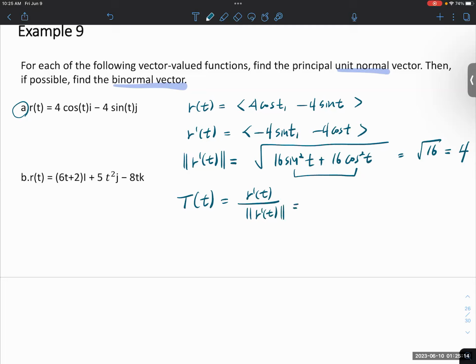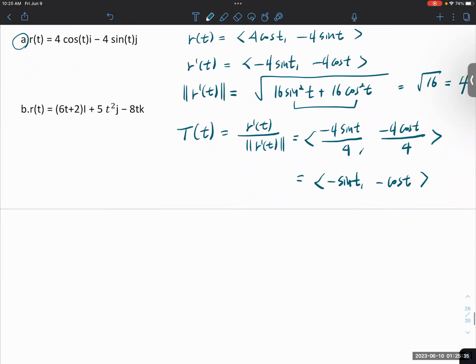So we have everything. Negative 4 sine t divided by 4, negative 4 cosine t divided by 4. So the 4s cancel: negative sine t, negative cosine t. So that's the unit tangent vector.